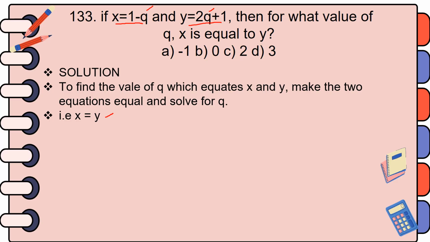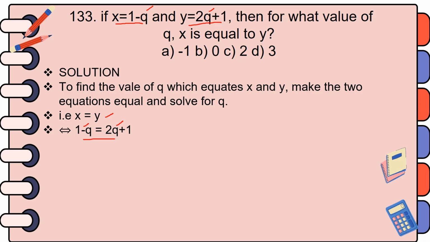Then substitute the values in place of x and y. Since 1 minus q is x, you can write 1 minus q in place of x. And 2q plus 1 is equal to y, so you can write 2q plus 1 in place of y. So you have 1 minus q is equal to 2q plus 1.